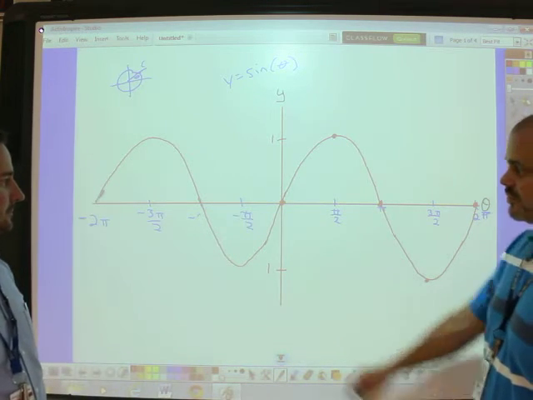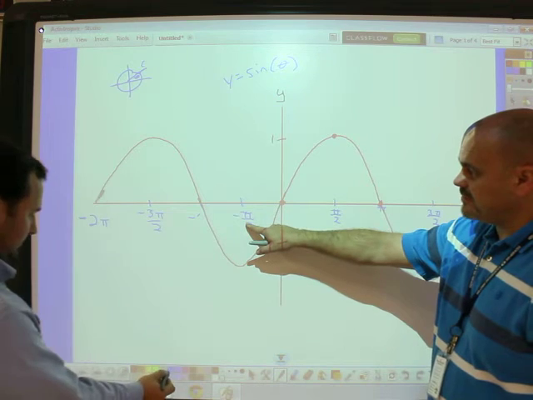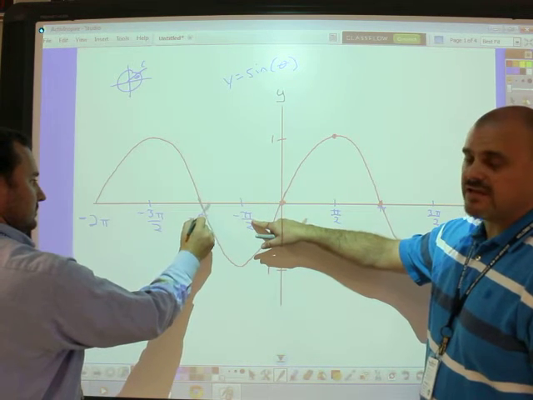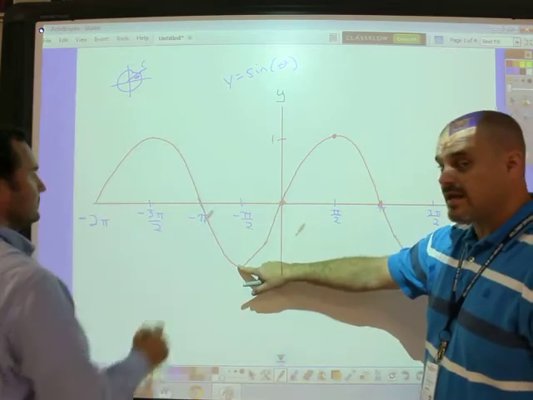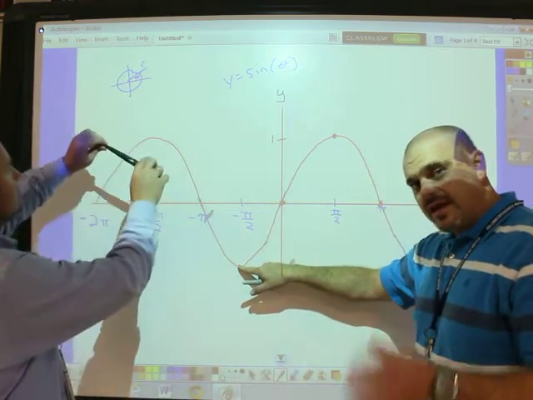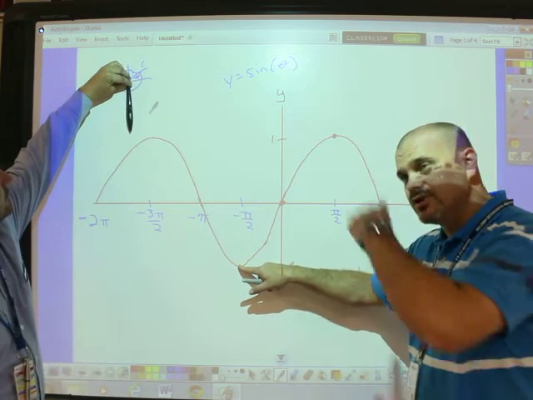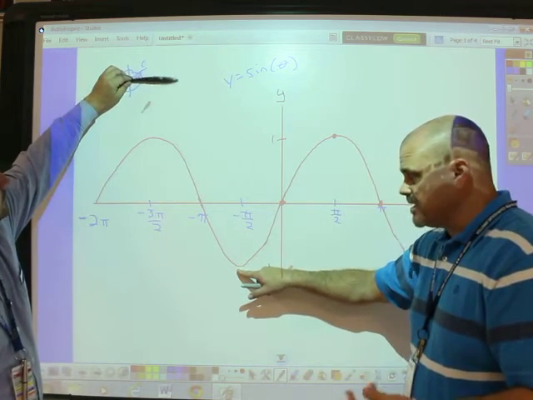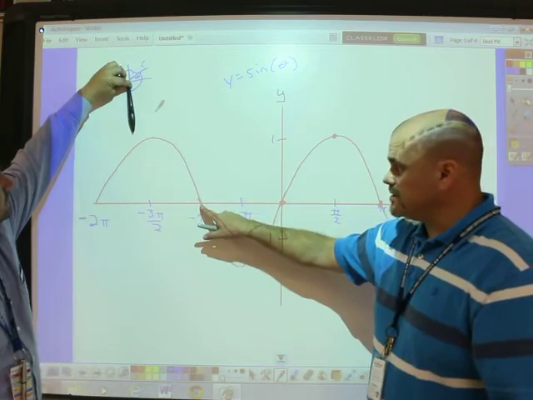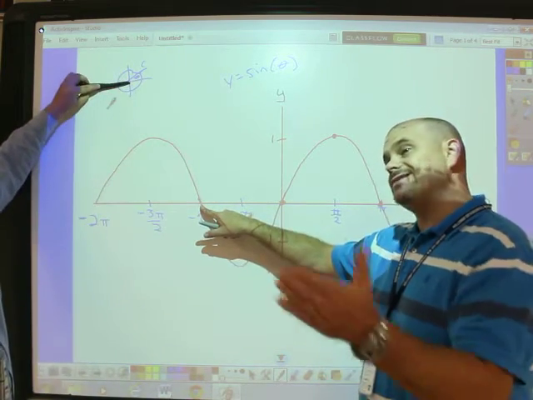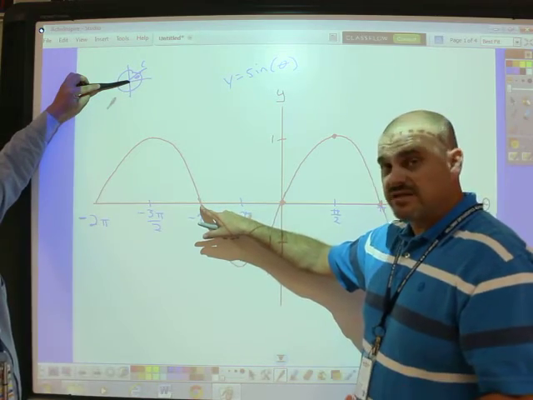All right, so remember, looking at sine values, when theta is negative pi over 2, the sine of negative pi over 2 is negative 1. Remember the ordered pair at negative pi over 2, which is the same thing as 3 pi over 2 if you were to sweep counterclockwise, is negative 1. The sine value, which is the y value, when theta is negative pi is going to be 0.